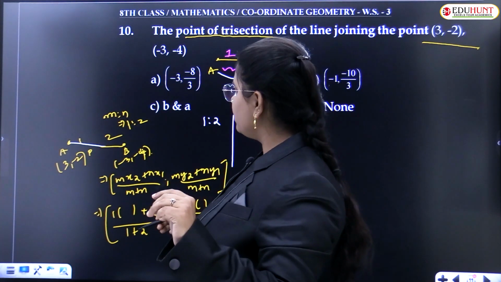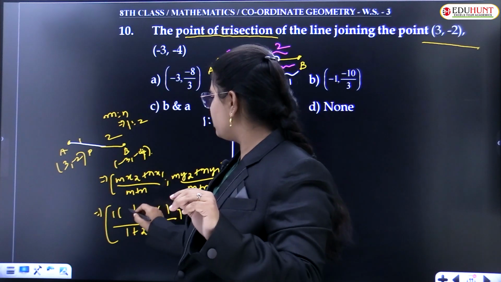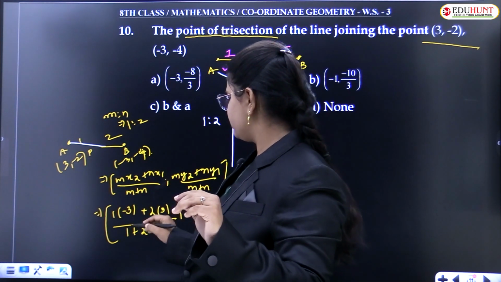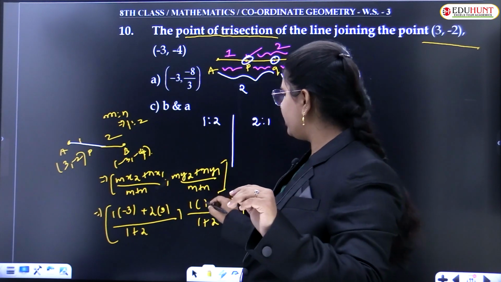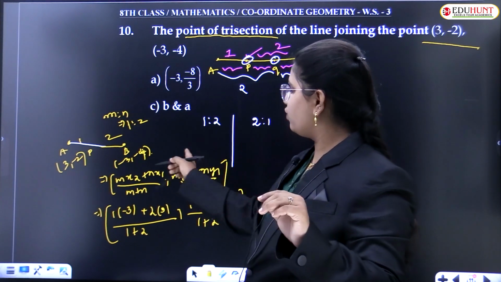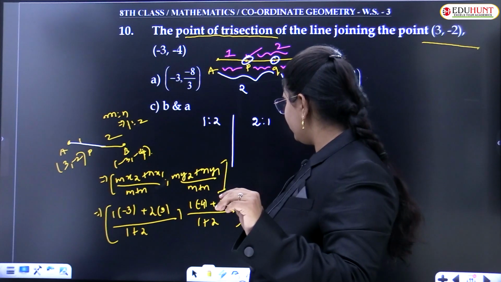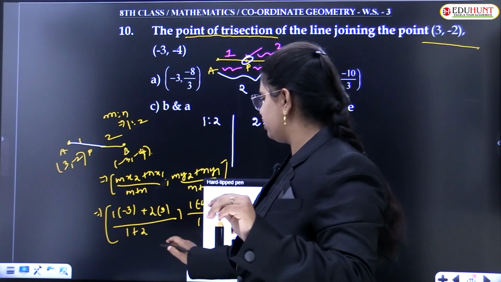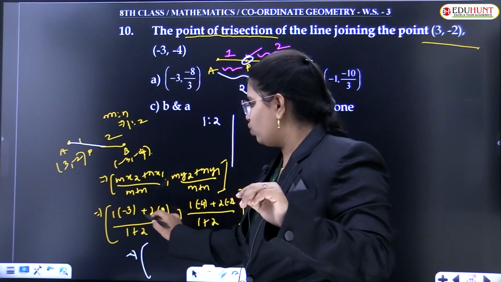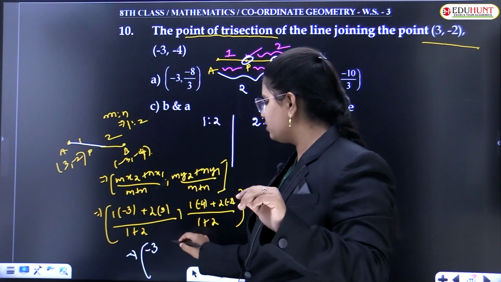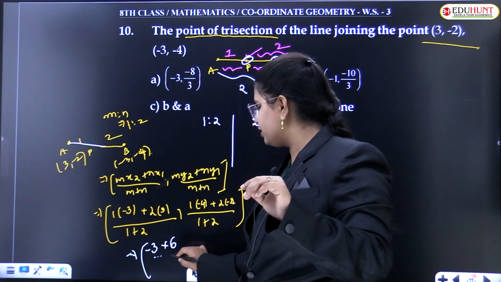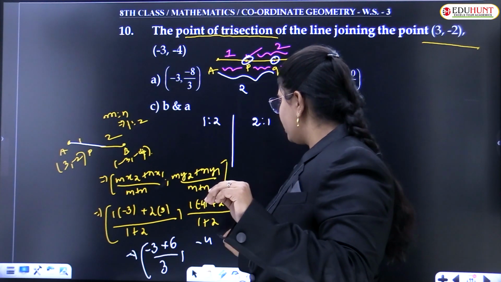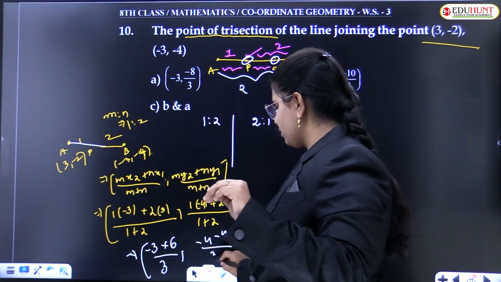Now we'll apply the x1, y1 and x2, y2 values together. What are x1 and x2 here? x2 is -3 and what is x1? +3. Correct. What is y2? y2 is -4 and what is y1? It's -2. Correct. Now we will apply all the values and simplify together, right? 1 into -3 is -3, plus 2 threes are 6, divided by 3, and this is -4 by 3.